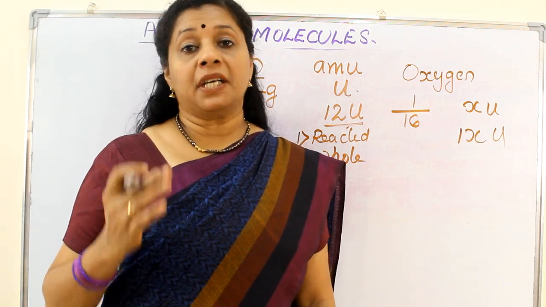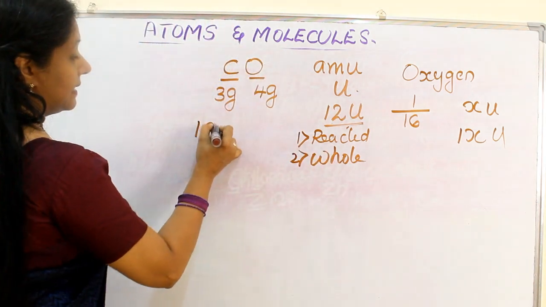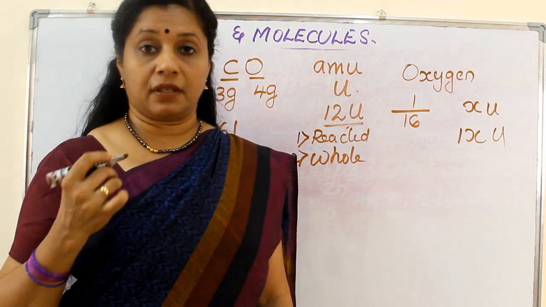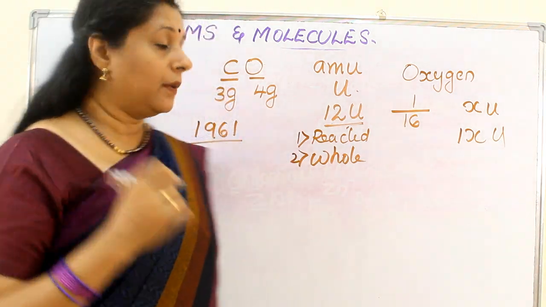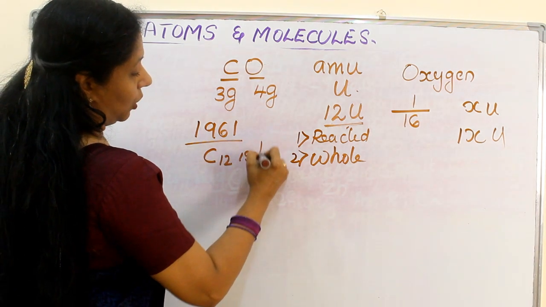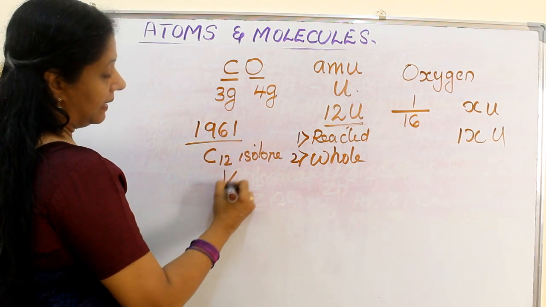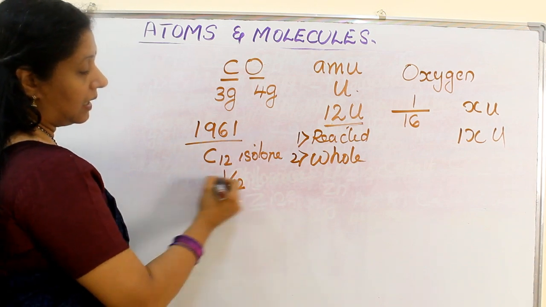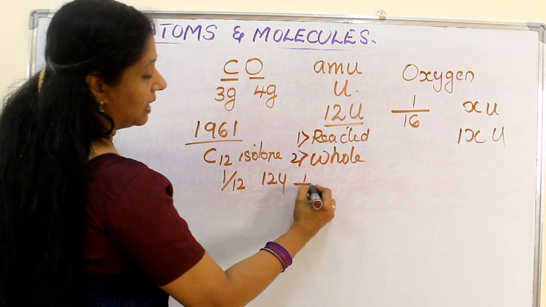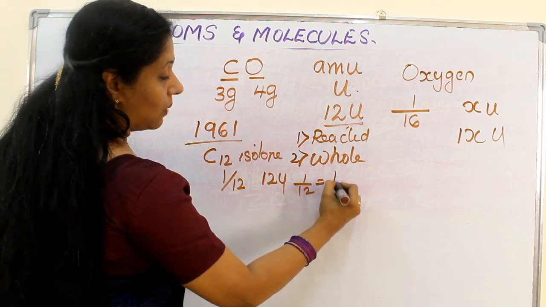But later IUPAC recommended in 1961 that instead of oxygen, we can take the mass of the carbon-12 isotope. So 1 by 12th mass of carbon-12. For example, carbon-12 is 12 units. So 1 by 12th of that is 1 unit, right?